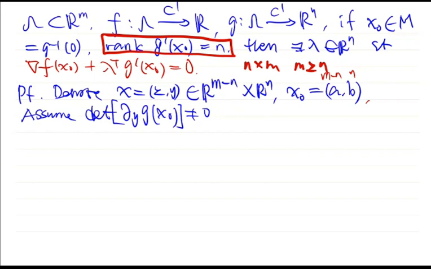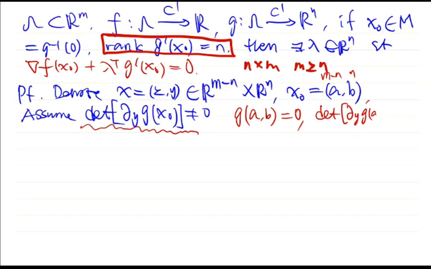So what do we have? G(x0) belongs to M means G(x0) is 0. G(x0) is G(a, b), which is 0, and this determinant at x0 = (a, b) is not 0.